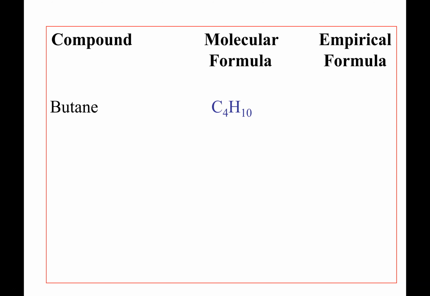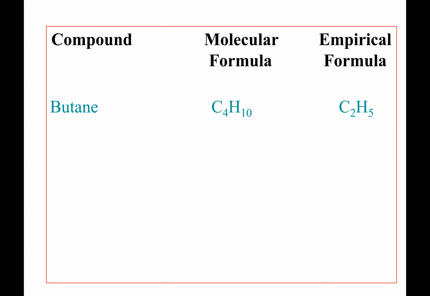Now, we can divide both 4 and 10 by the number 2, and we could come up with a different formula. It's the empirical formula. They both, the C4H10 and the C2H5, give the same relative amount of carbon and hydrogen.